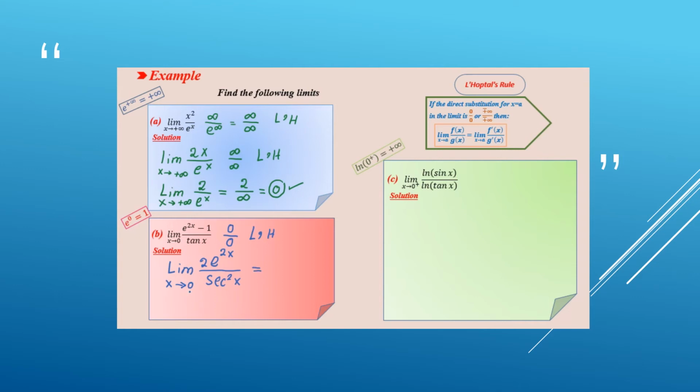Now replace x equals 0, you will get 2 multiplied by e to the power 0 divided by secant squared of 0. e to the power 0 equals 1, multiplied by 2 equals 2, divided by secant of 0, which equals 1. So we have 1 squared, which equals 1. So the answer is equal to 2.